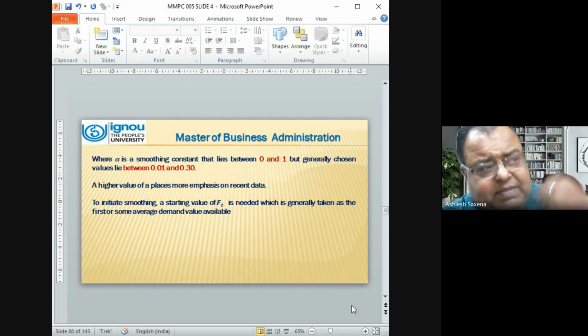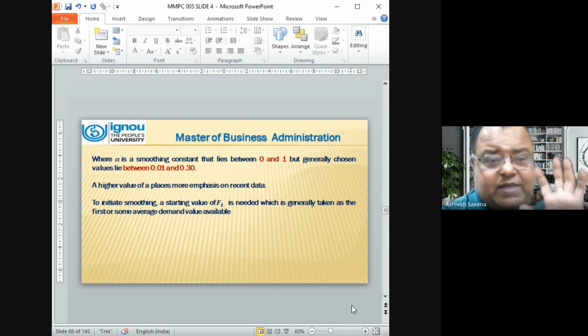But generally, for mathematical reasons, we take its value between 0.01 and 0.3. A higher value of alpha places more emphasis on recent data. In exponential smoothing, a starting value F_t is needed, which is generally taken as the first or some weighted demand value available.